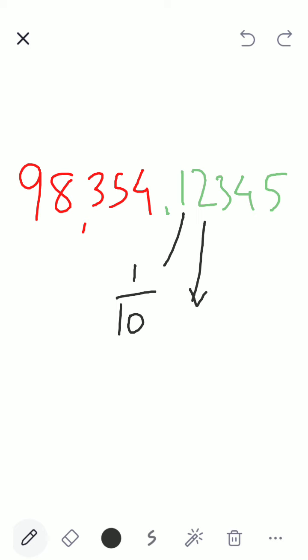Place value of 2, Salma. Archana, help Salma. Yeah, tell. 2 divided by 100. Or the place value is called 1 by 100. Very good.